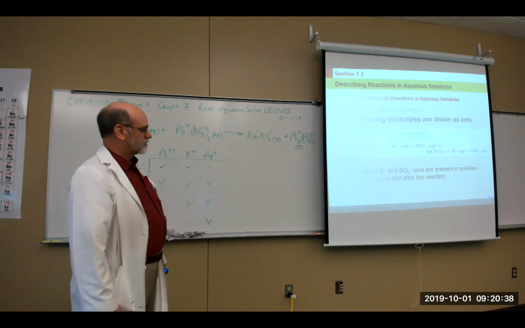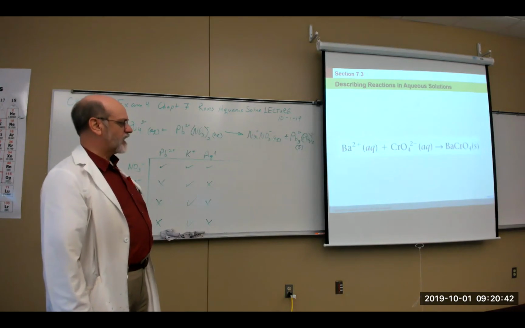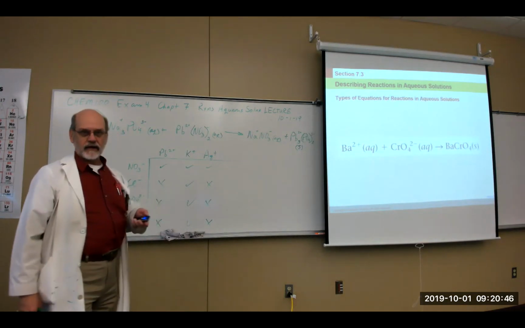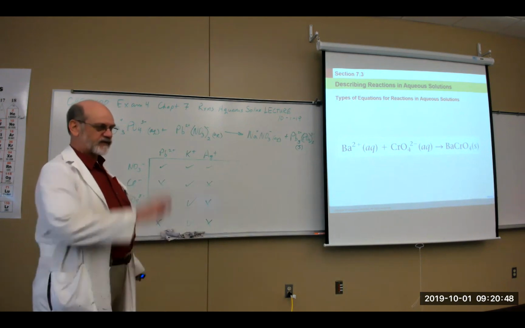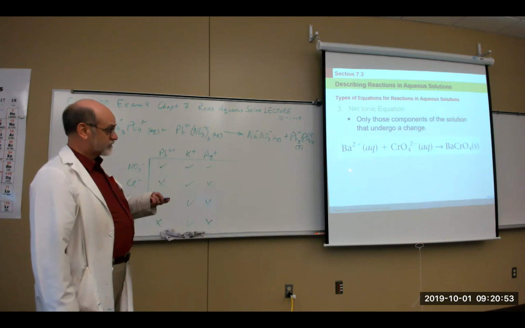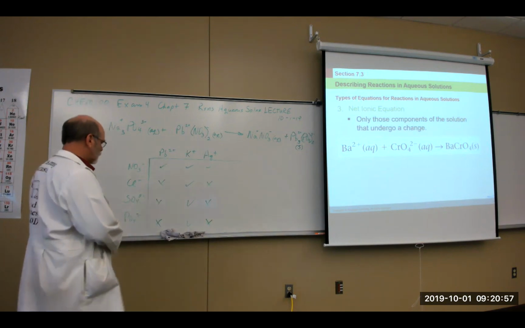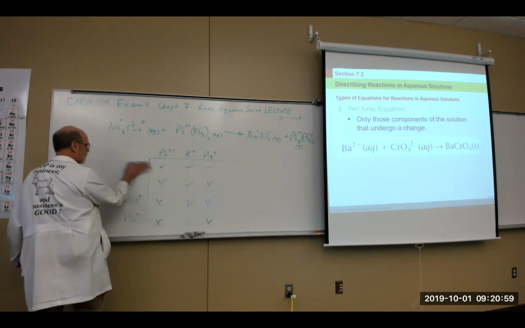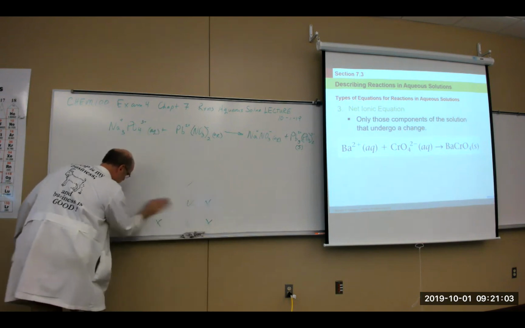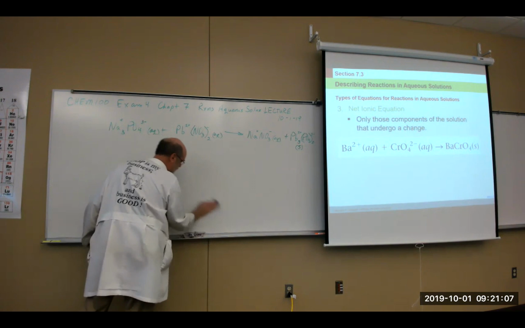Then you take the spectator ions, cancel them out, and you get your net ionic equation. That's the meat of the reaction. And it's the meat of the reaction because it forms a solid. Now, what would the net ionic equation look like? It's just, what if you did not produce a solid?